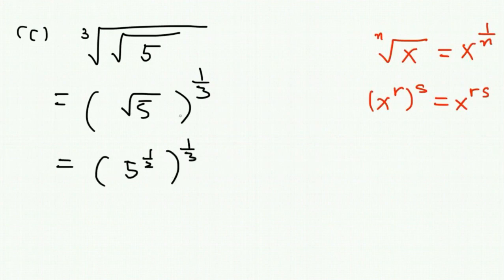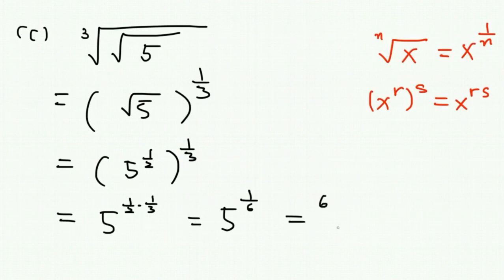So after we convert all radical signs into rational exponents, we have this expression. Now, using this property over here, we can convert this into 5 to the 1/2 times 1/3, and that's 5 to the 1/6. So use the property again, convert this back to radical, and get the solution.